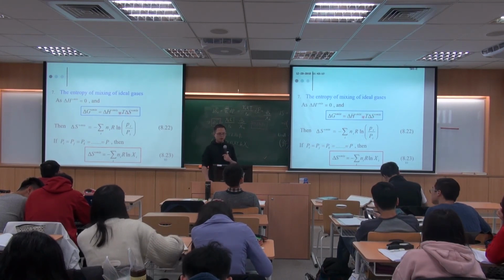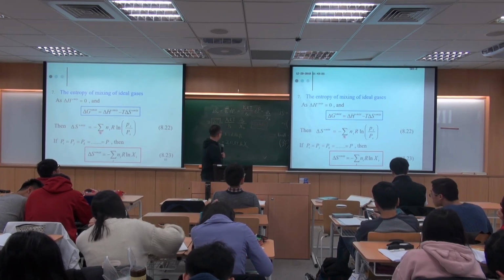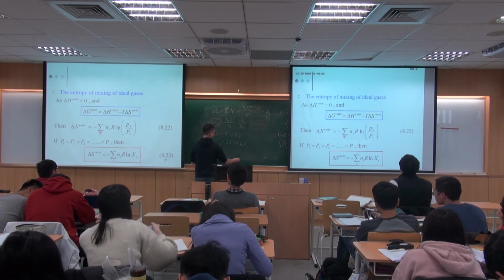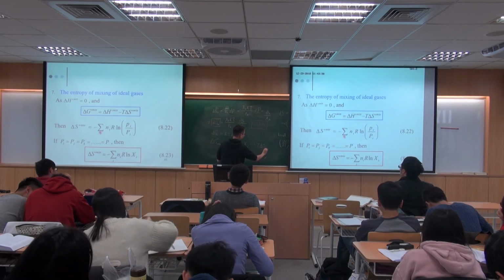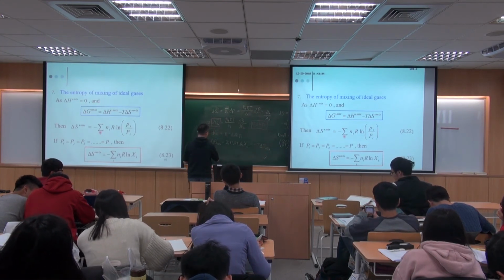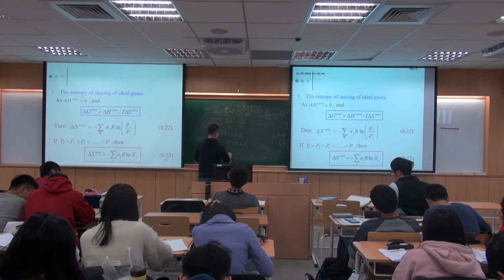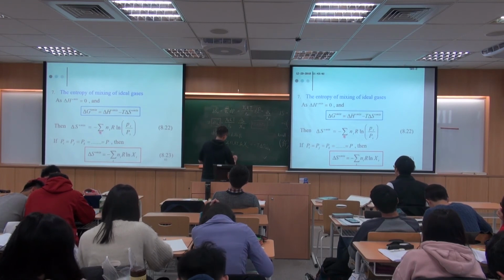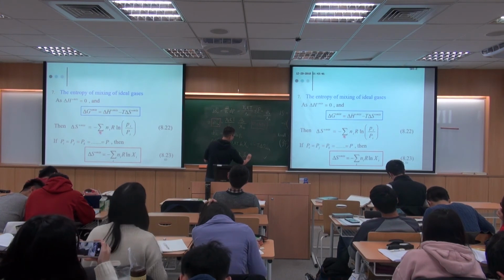So you have a negative sign, therefore delta G is negative. So it turns out that this is minus T delta S mix. You can put a prime here. Therefore, delta S mix prime is minus N_i R log x_i.